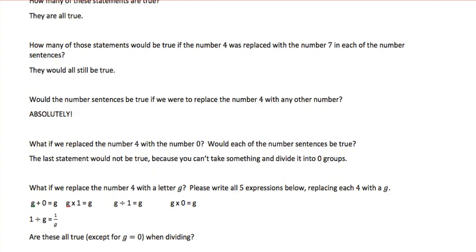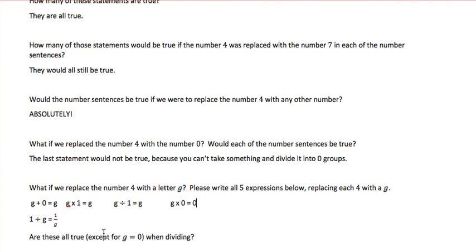And so we look at them. G plus 0 equals G, whatever G is. G times 1 will always equal G. G divided by 1 will always equal G. And G times 0 will always equal 0. Then we have 1 divided by G equals 1 over G as a fraction.